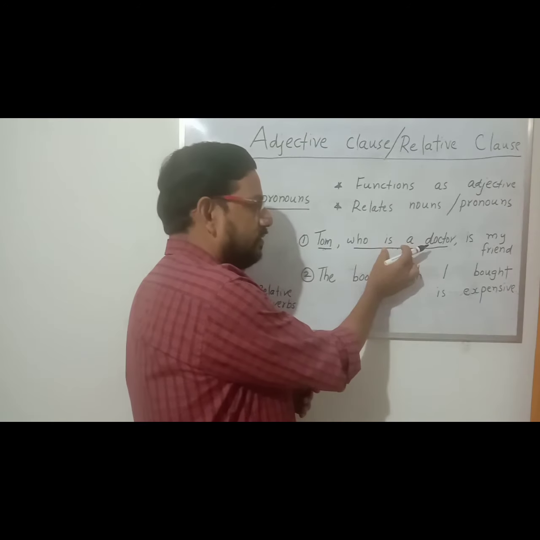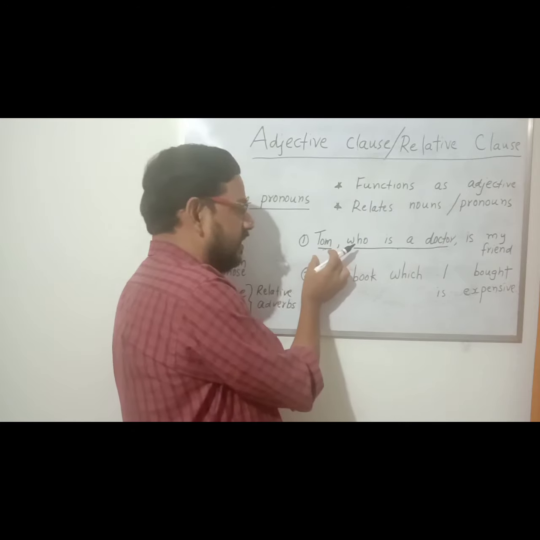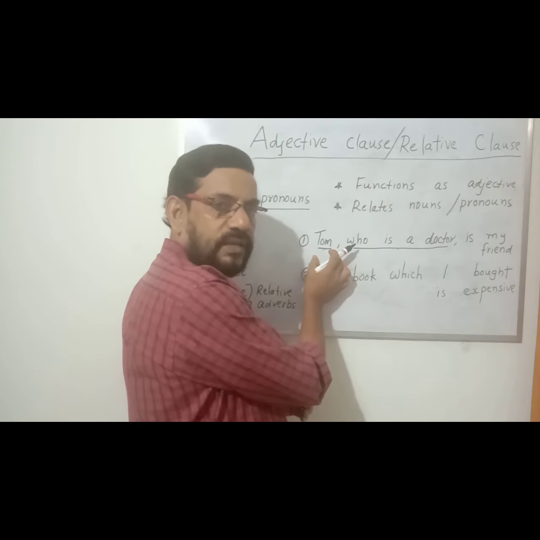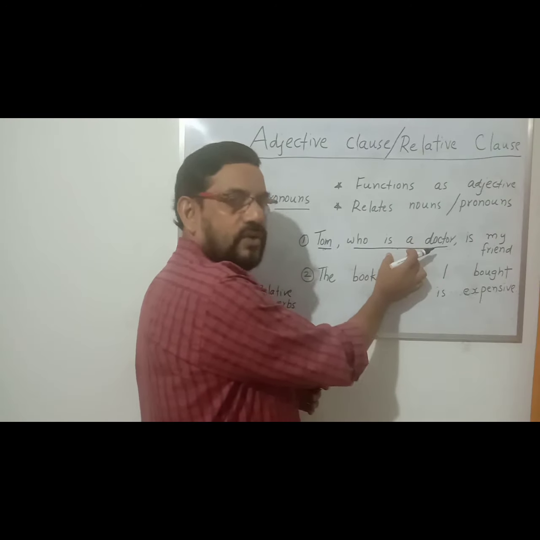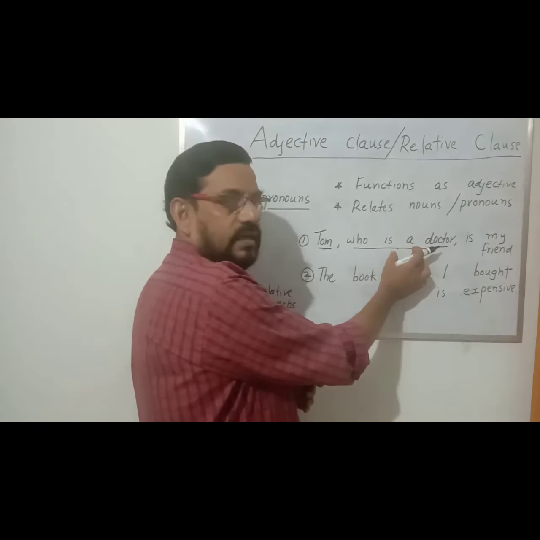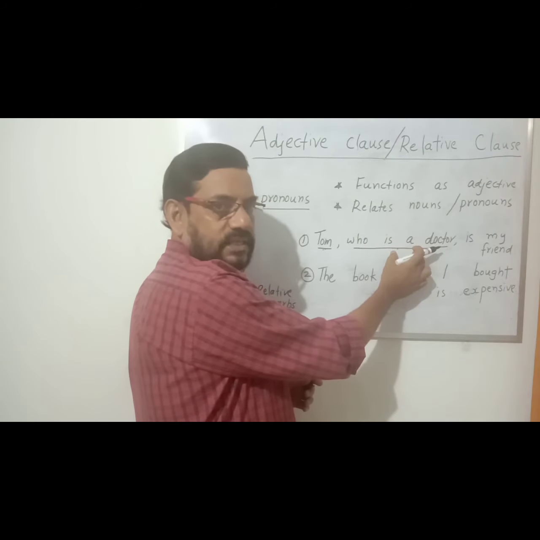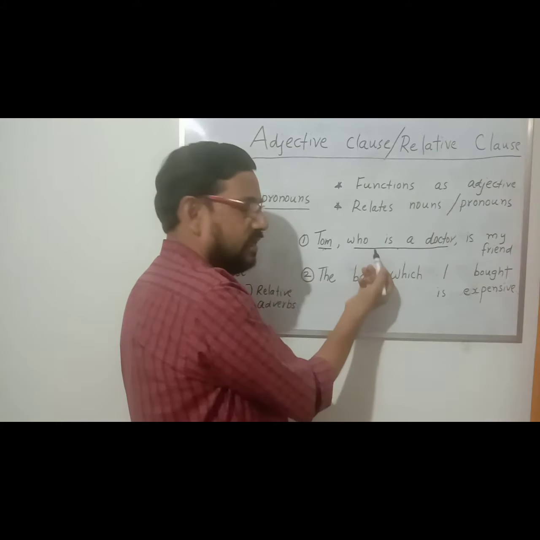And this whole clause is used to modify or to say something more about Tom. So we can say "who is a doctor" is an adjective clause, and this is a relative clause. Okay, adjective clause or relative clause. Why is this a relative clause?